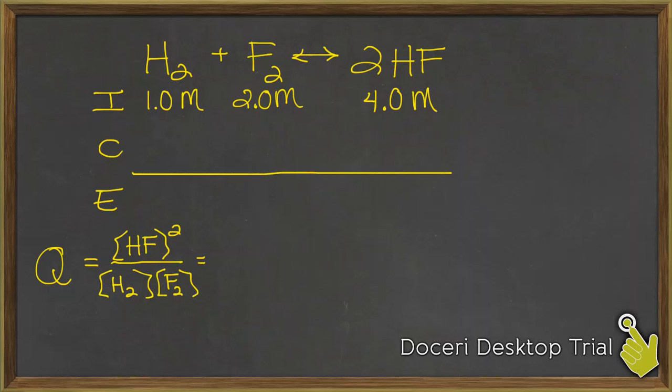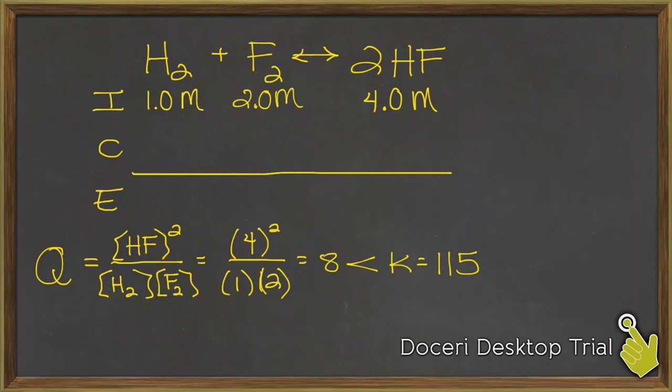And let's plug in these initial values. Let's get a number for Q. 4 squared is 16 divided by 2, so Q is equal to 8. How does that compare to the value for K?